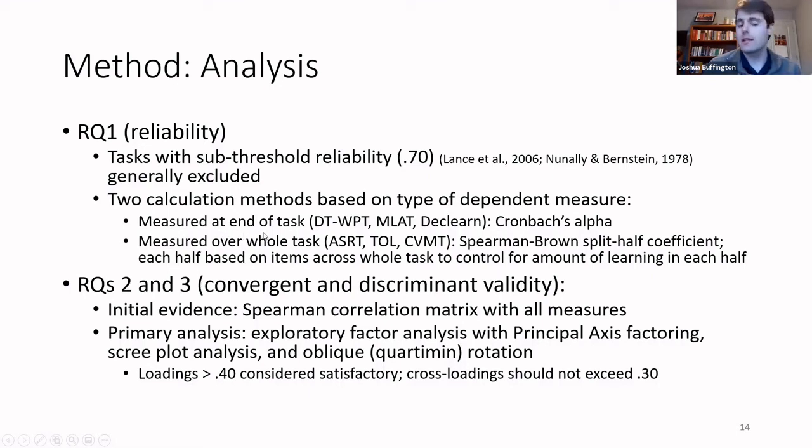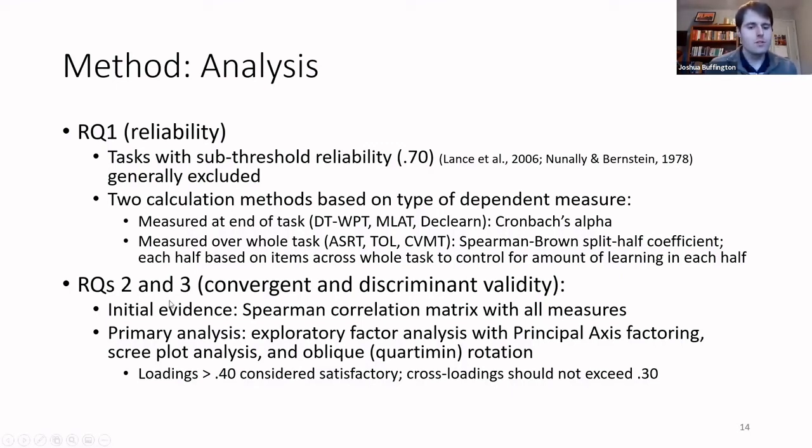Specifically, for measures that were taken at the end of a task, we used Cronbach's alpha. However, for dependent measures taken over the whole task, we needed to control for learning that we expected to take place during the task. So in order to control for this, we used the Spearman-Brown split half coefficient, where each half included was balanced with items across the whole task. So each half that went into the split half reliability included items distributed evenly across the task.